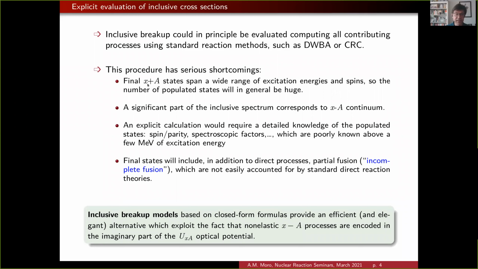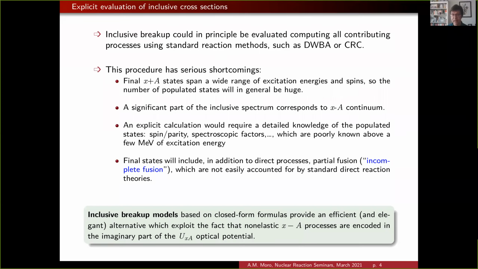So first of all, the range of states of X. So X will be the particle that we do not observe. The X particle states will in general cover a very wide range of excitation energies.